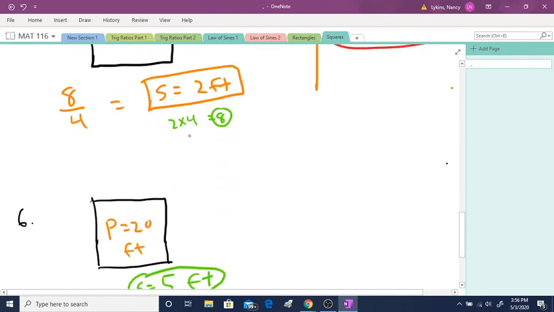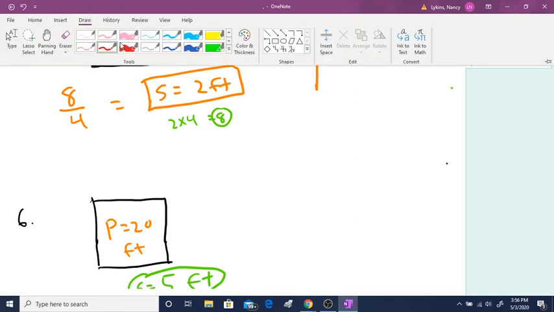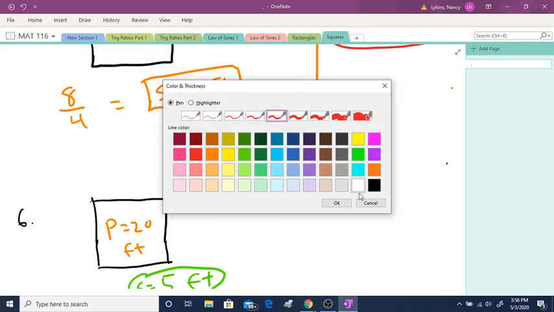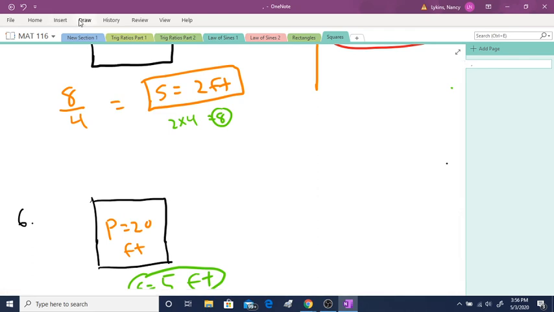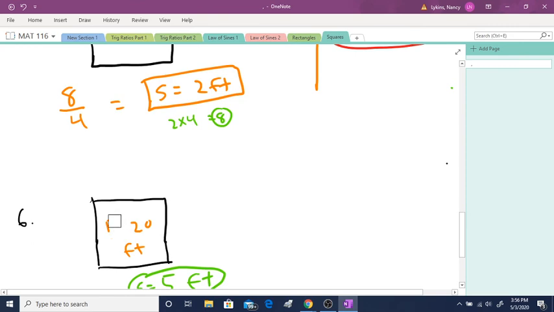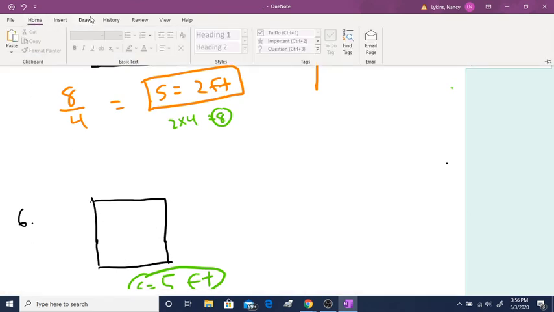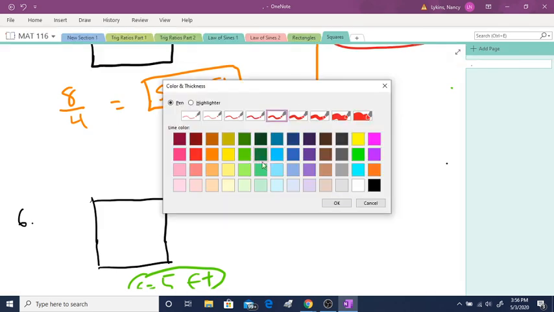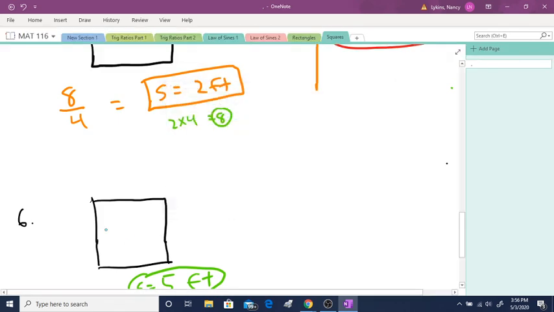In my last one, I'm going to use the same way. I'm going to change my perimeter to area equals, say, 81 feet squared.